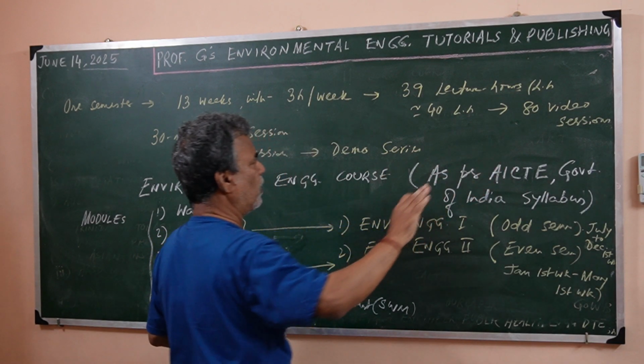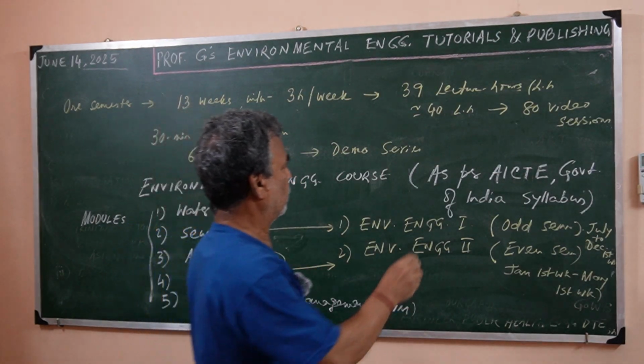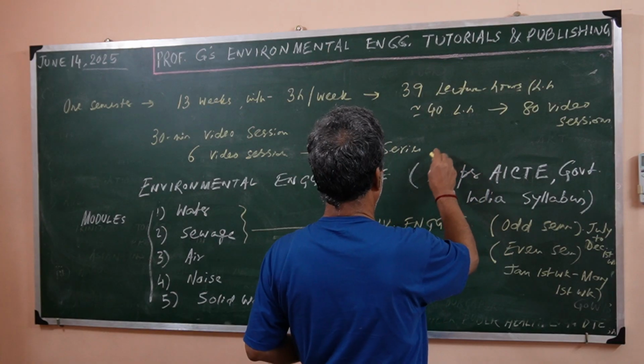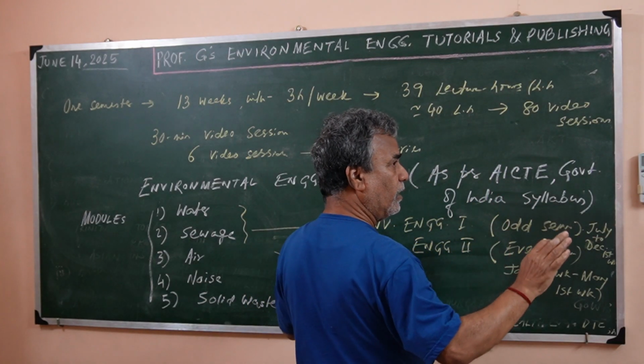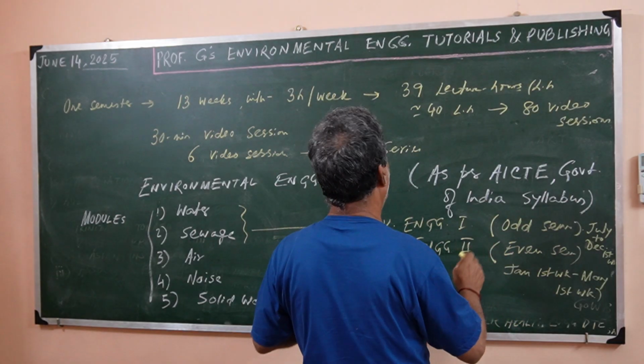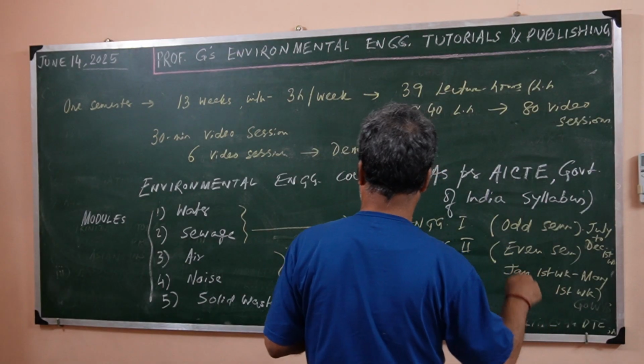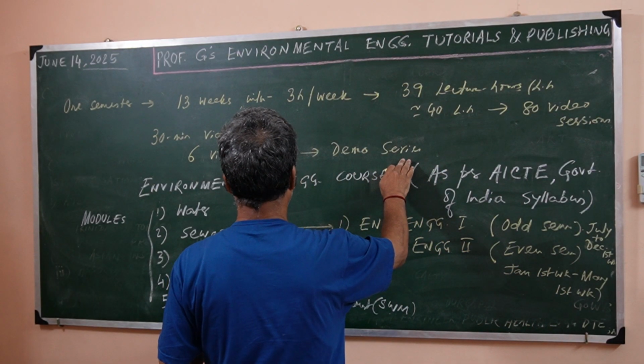That is demo series 1, 2, 3, 4, 5, 6. Now this will be free. This is open to all, accessible to all, right? All can access this series. So this is the first, demo series 1.